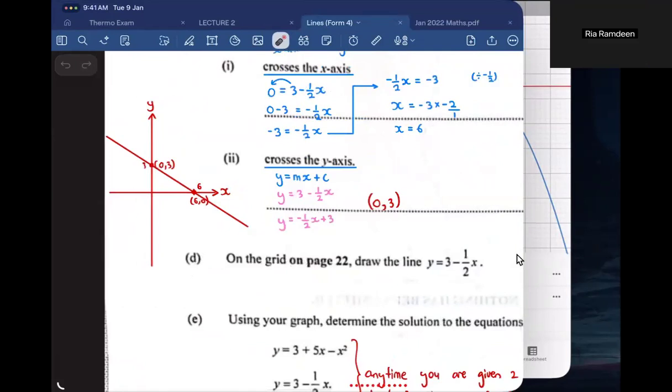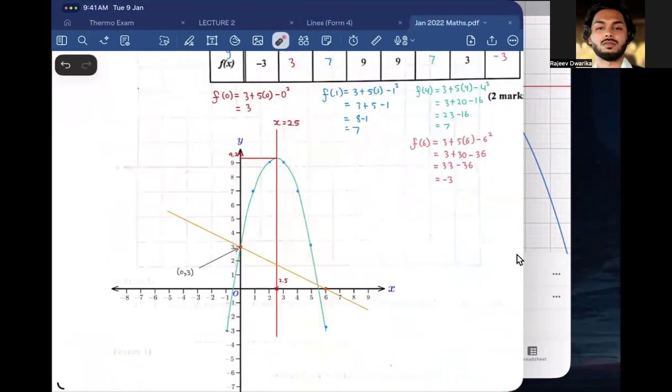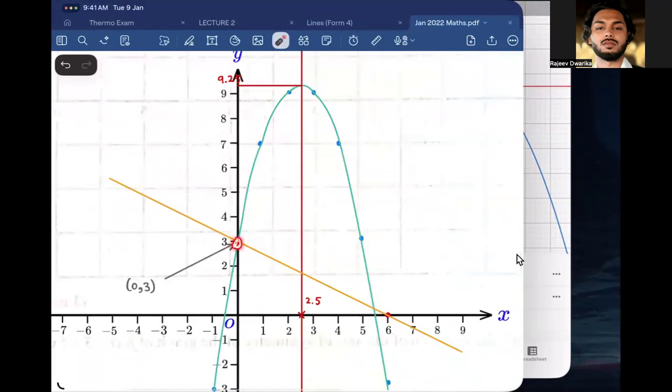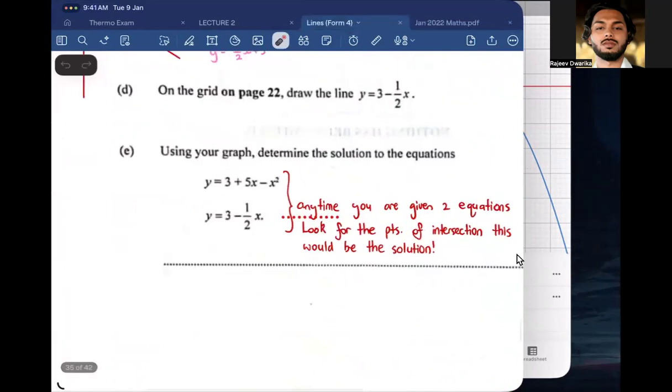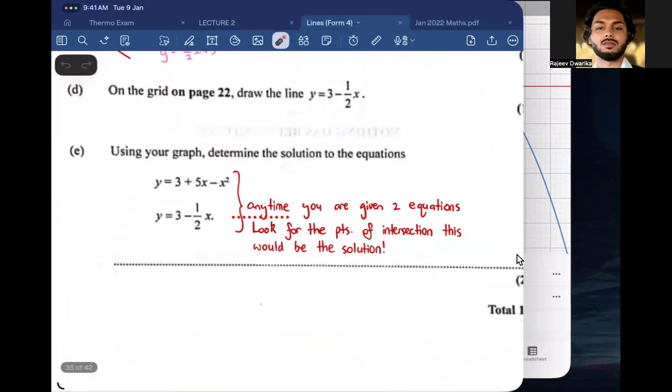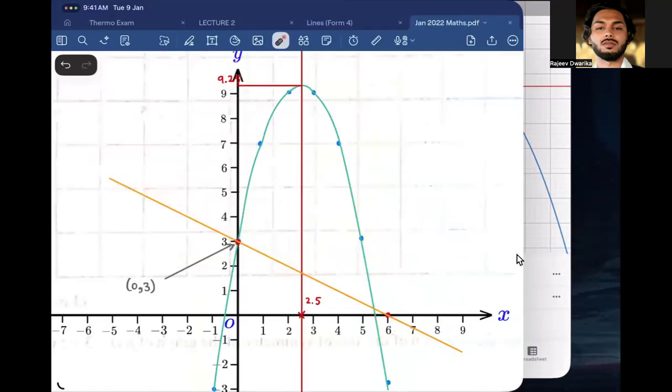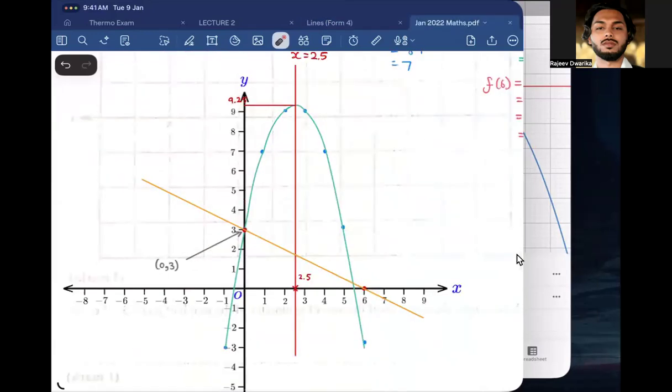Remember how they wanted us to draw the line? To draw the line, I put on the y-intercept and the x-intercept and I connect it. So you're okay with that, right? Yes, sir. And then they asked us, using the graph, determine the solution. Now the solution is always the point of intersection. Where are you seeing the two graphs intersecting?